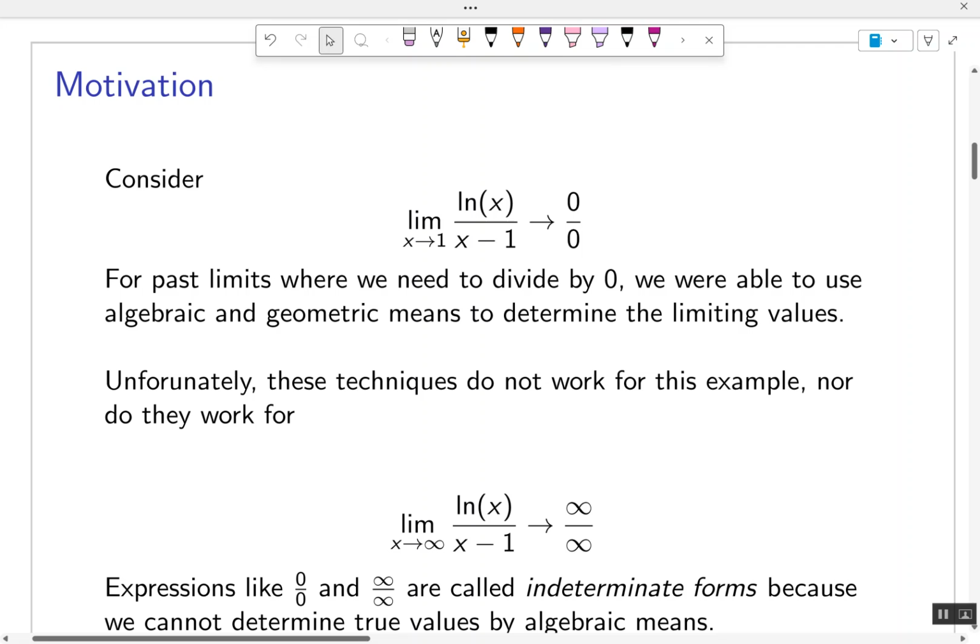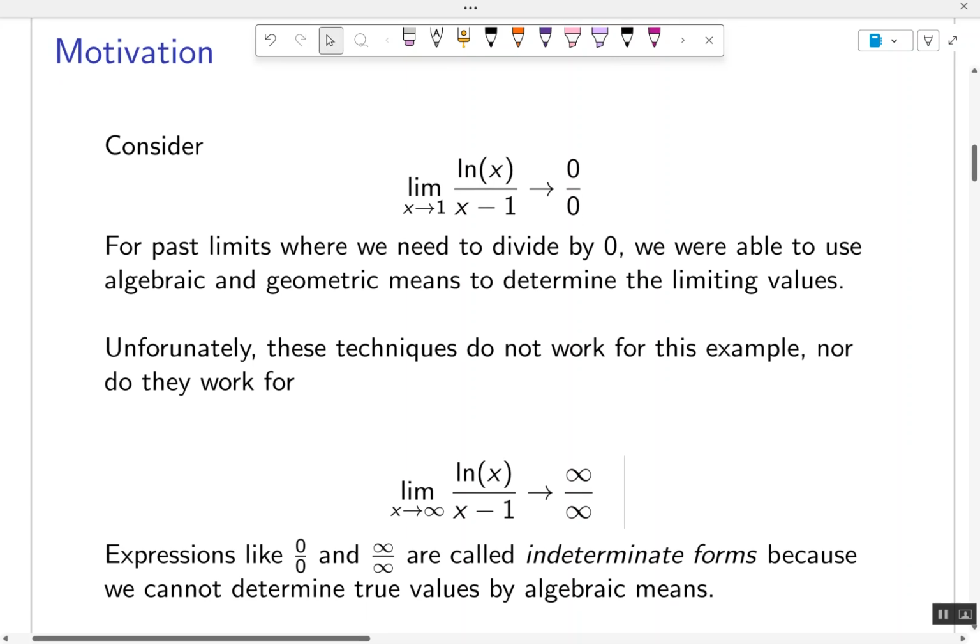Okay, so let's look at this limit right here. If we go to plug 1 in, natural log of 1 is 0. 1 minus 1 is 0. In the past, in other problems, we were able to look at graphs or use algebra to cancel stuff out to avoid dividing by 0.